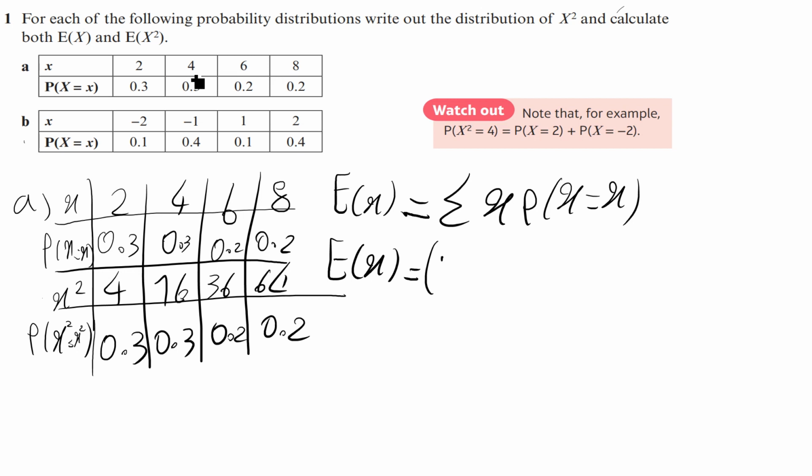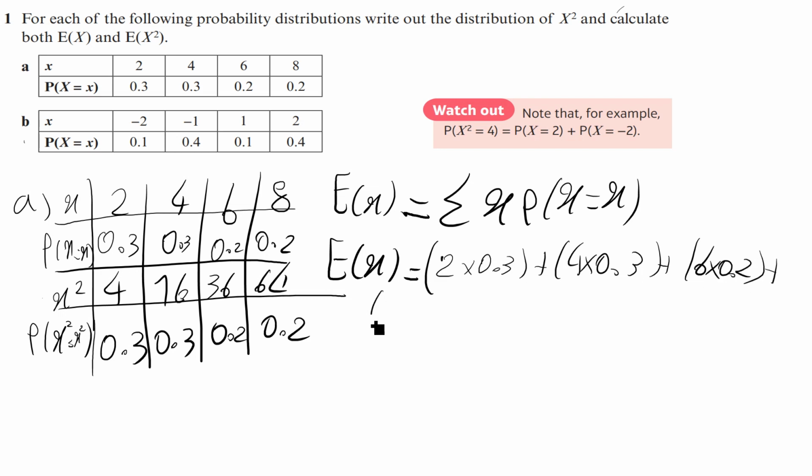The sum of all of these values is equal to the expected value. So for example, here 2 times 0.3 plus 4 times 0.3 and 6 times 0.2 and 8 times 0.2. So the final value is equal to 4.6. So 4.6 is the expected value of x.